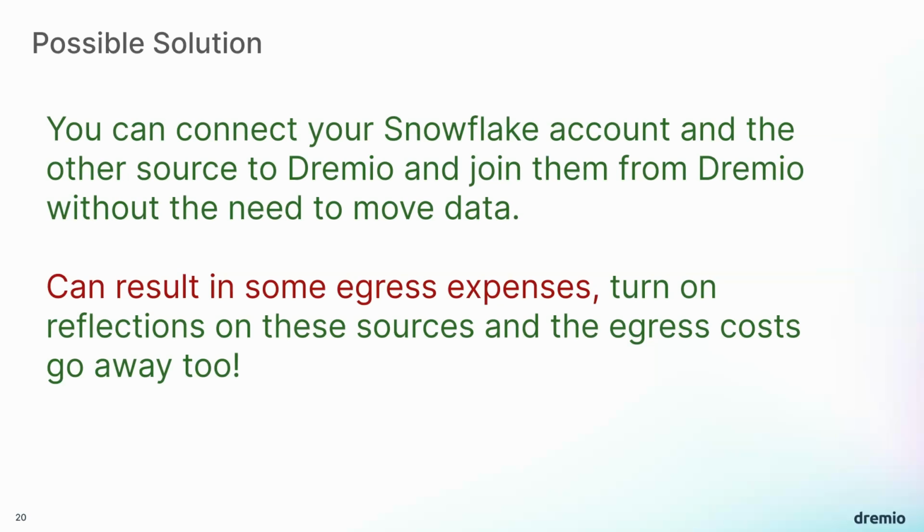You can turn on reflections, in this case probably a raw reflection, where it creates a copy of rows and columns on those data sets. So if you're going to join Postgres and a Snowflake table, or a Redshift and a Snowflake table, and create a dashboard or reports off of that, you create the join, then turn on reflections on the join.